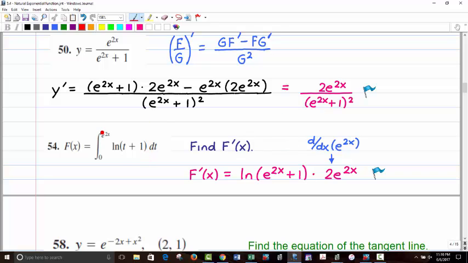So you see, all I did was put e to the 2x in there for t, which is natural log of e to the 2x plus 1, then took the derivative of e to the 2x, which is 2e to the 2x. So that's it. That's all that's involved. No integrating, no anything. Just a matter of substituting and then taking the derivative of that exponent.